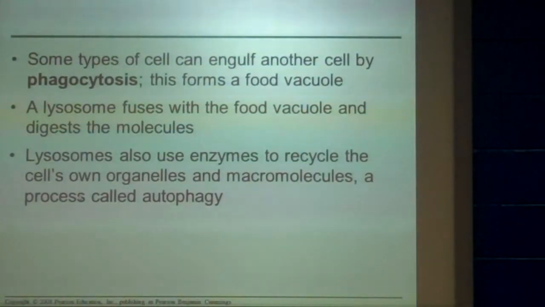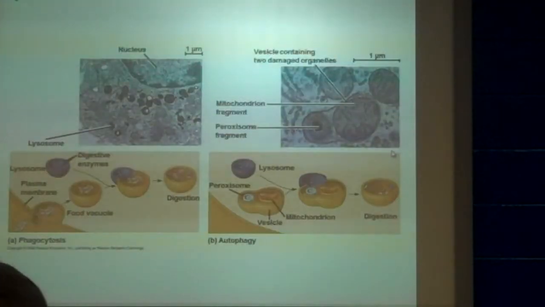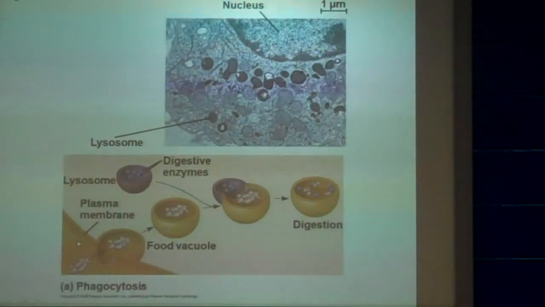Okay? We've learned about phagocytosis. I think we're good with that. Here's a picture. You've got your food being engulfed. In this case, your plasma membrane is shrinking because you're taking this piece off of it that was stretched out.